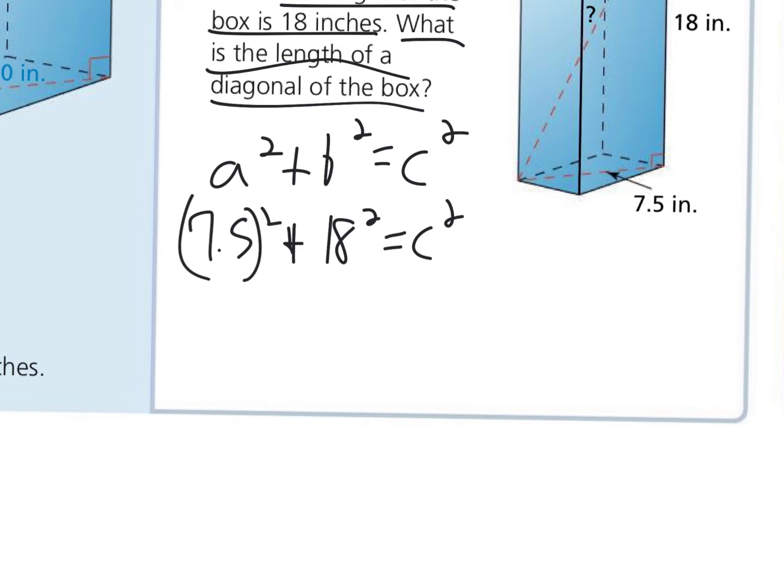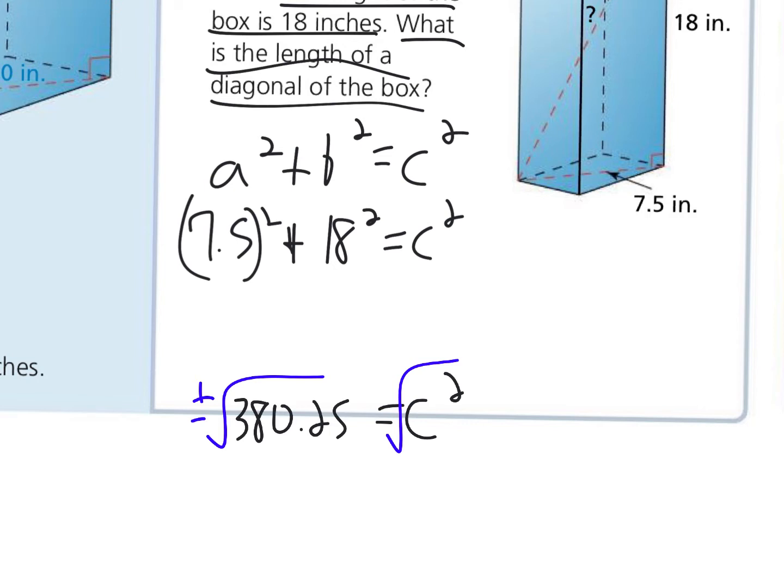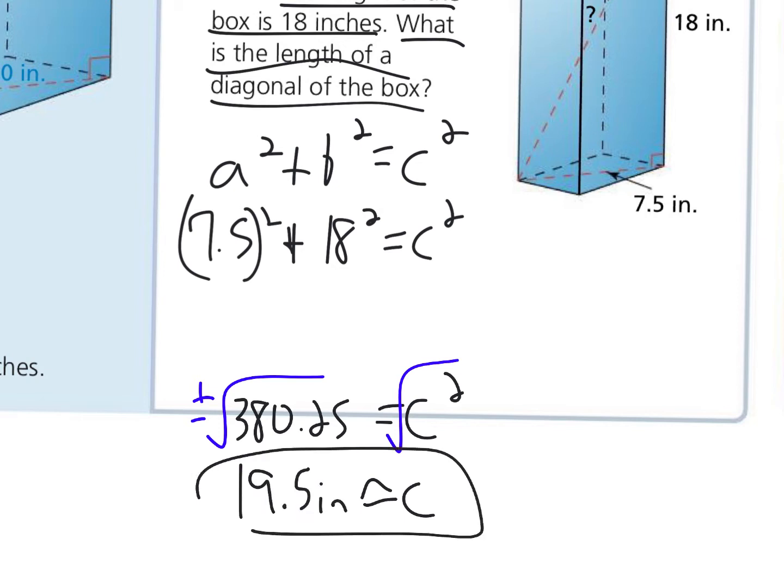So if you work this out, you should end up with 380.25, and then you can do the square root of that. And that would be about 19.5 inches. So really nothing more challenging than anything else that we've done on this problem.